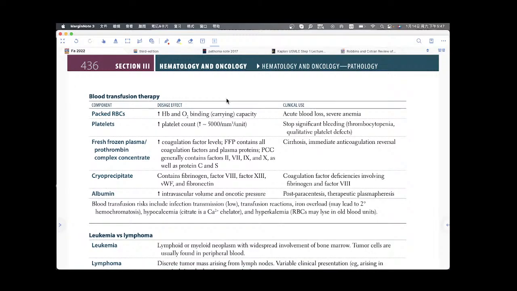Get blood transfusion therapy. The packed RBCs increase the hemoglobin and oxygen carrying capacity. What is packed RBC?